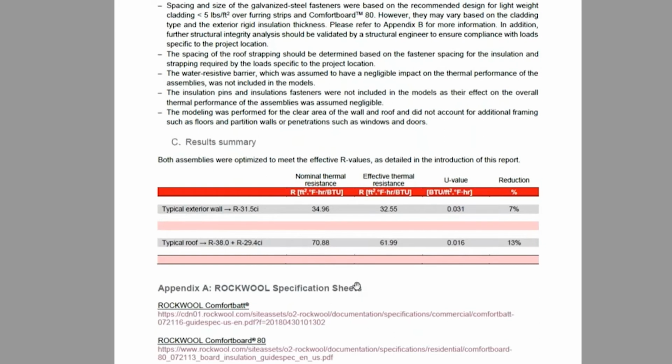Hydrothermal analysis is a great tool to use, especially when you deal with assemblies that are different from what you see in the code, or you want to make some changes, or you want to consider using different thicknesses of materials or insulation.